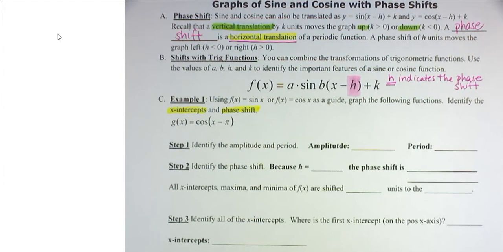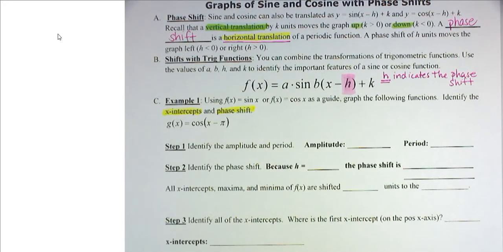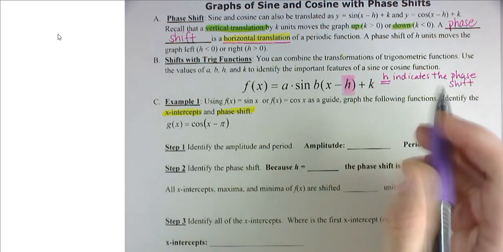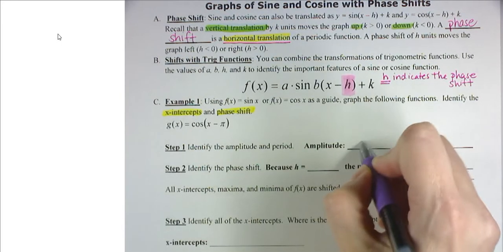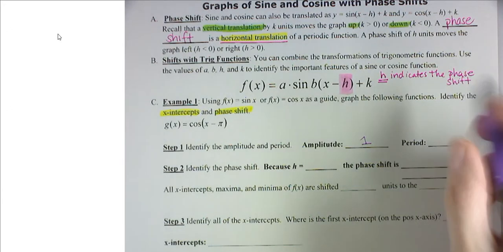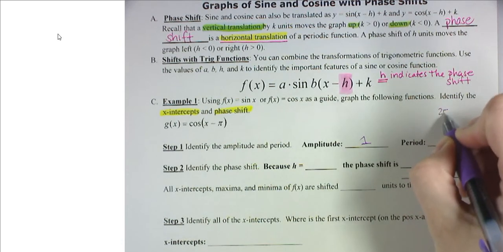The first thing you'll want to do is identify the amplitude and the period. Remember, the amplitude is what's multiplied in front. If you can't see anything, that means the amplitude is 1. And then the period is found by doing 2 pi over your value of b.